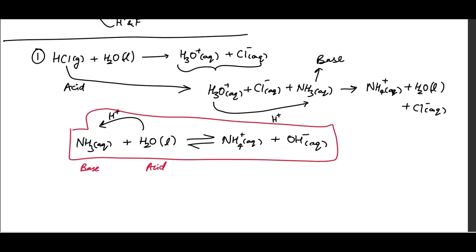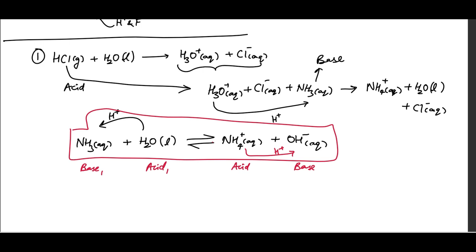In the right side of the equation, when these two are getting combined to form NH3, NH4 plus, when it converts to NH3, it actually donates H plus, so it becomes acid here, and this becomes base because it is accepted. So on the left side, NH3 is a base, I will write it as base 1, H2O is an acid 1, and they give the products NH4 plus plus OH minus.